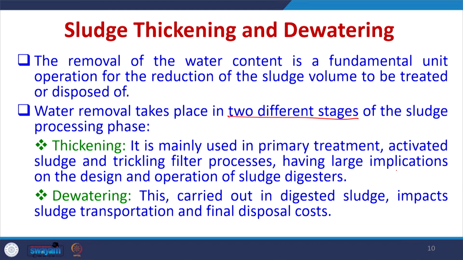Wherever the treatment time is very short in the primary treatment unit, the sludge contains a lot of water and has to be thickened. Dewatering is carried out on digested sludge and it impacts sludge transportation and final disposal cost, because we are reducing the volume. So, the disposal cost becomes much lower. Thickening and dewatering are very important for sludge management.